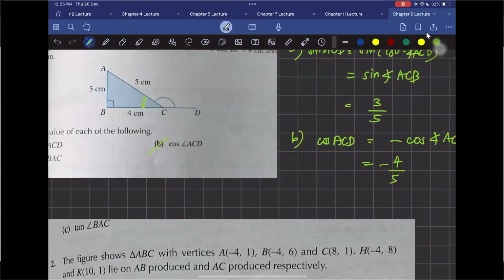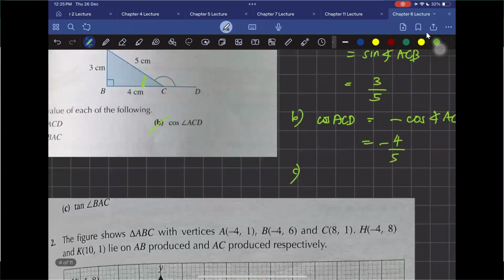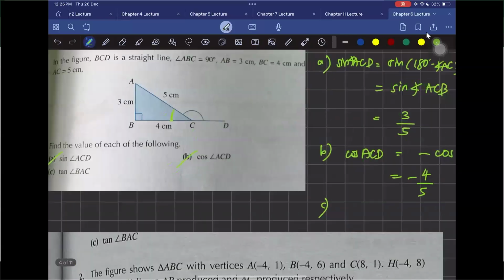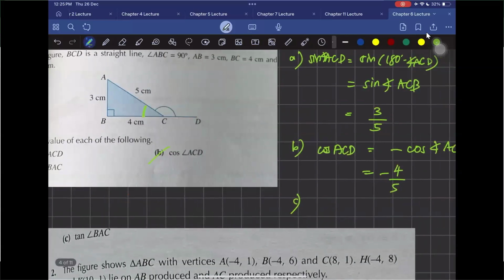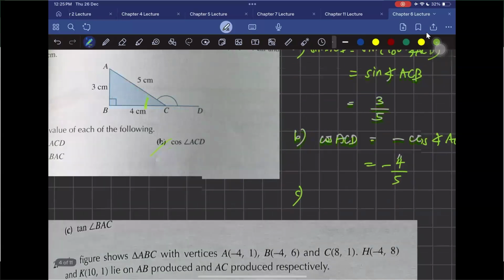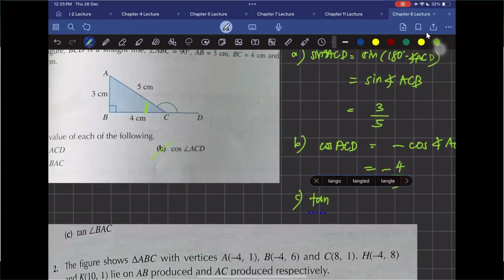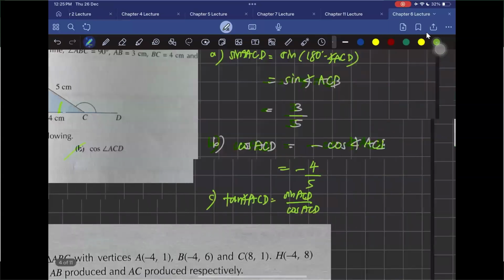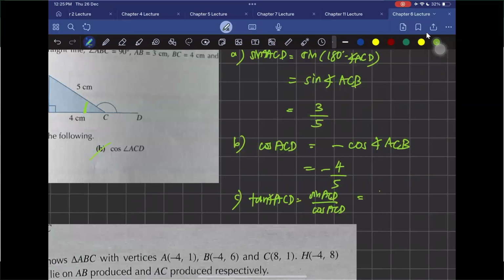And then your part C tangent. For tangent, right, you can just do your part A over part B. Okay? So tangent ACD equals to sine ACD over cos ACD. So this is equals to 3 over 5 divided by negative 4 over 5.